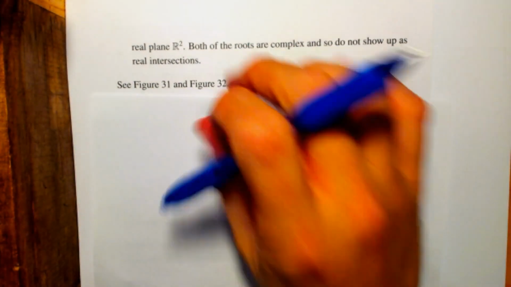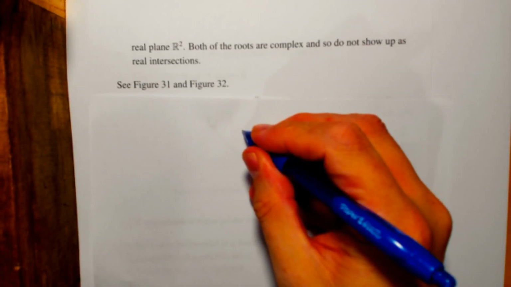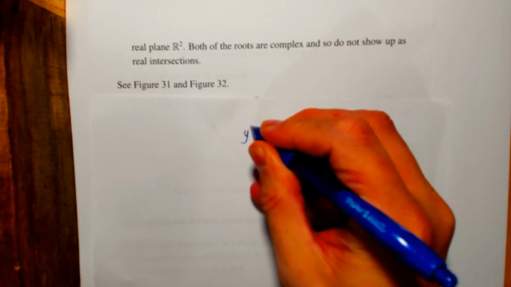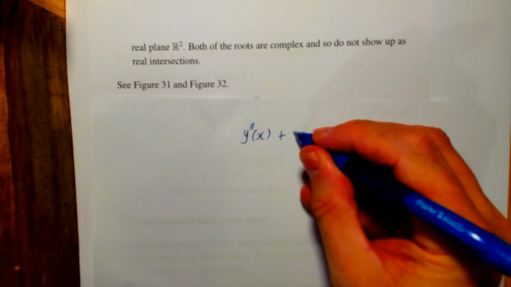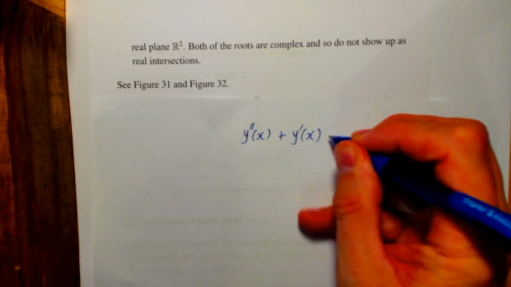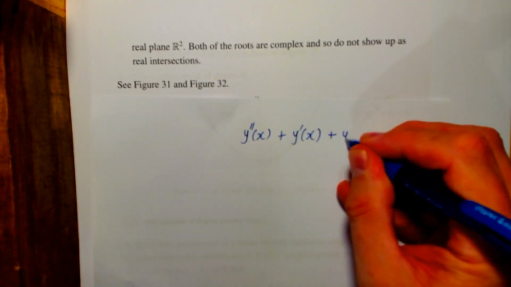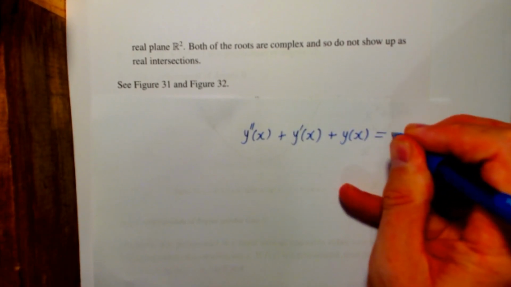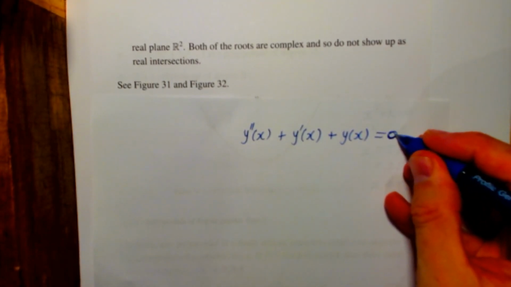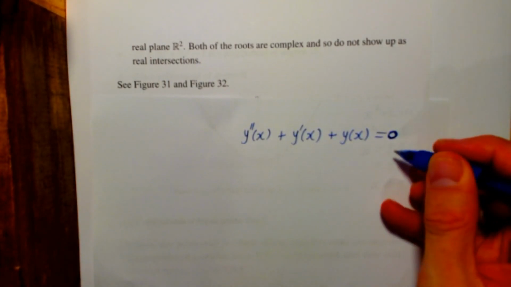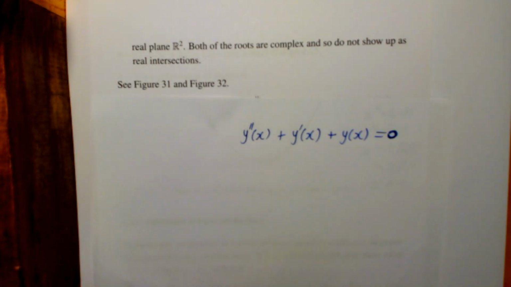If we just consider the differential equation y double dash of x, being the second derivative, plus y dash of x plus y of x equals 0. So there's this very simple differential equation, and these are commonly used in engineering.